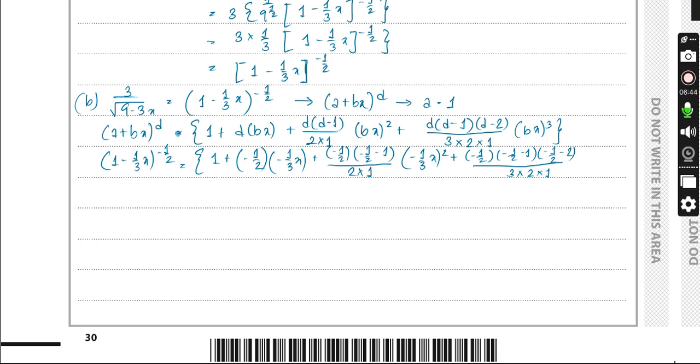It's your wish. Both are accepted. So b is minus 1 by 3x cubed, bracket closed.